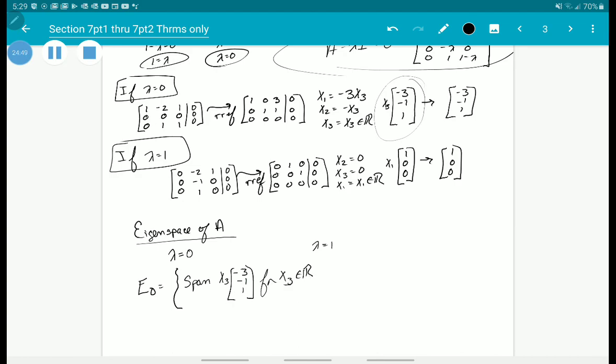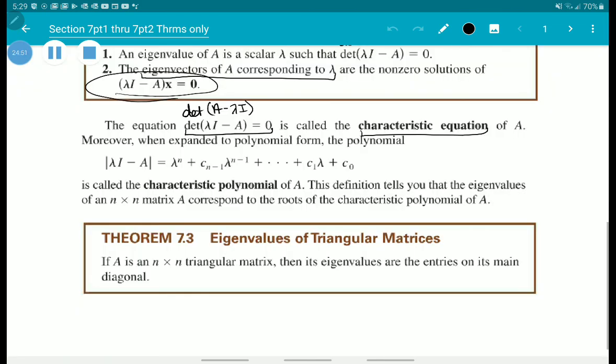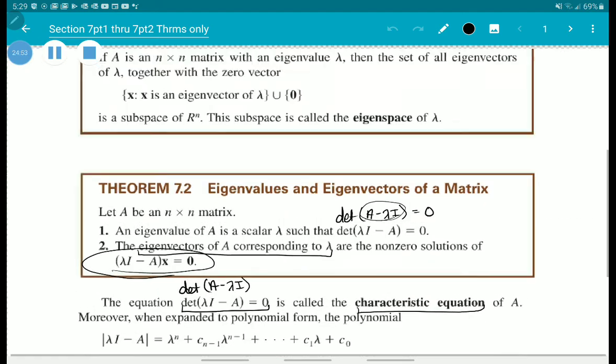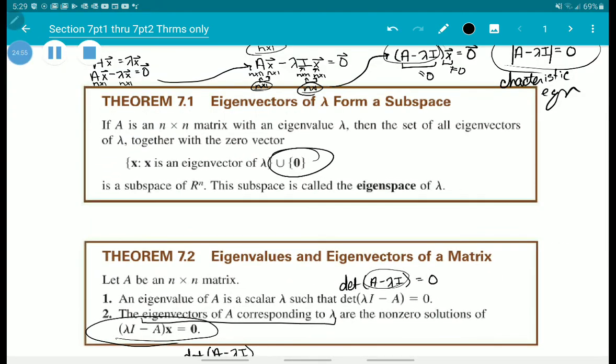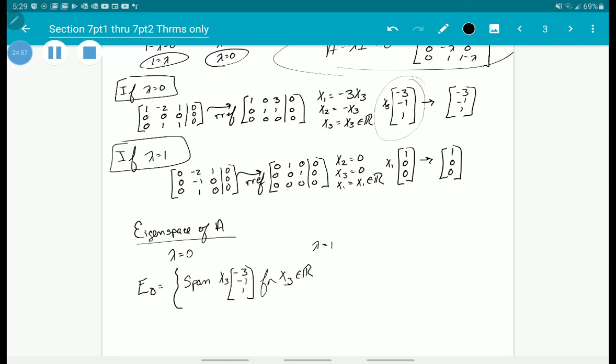So going back to that definition, it takes care of this piece, writing it this way. And then the eigenspace for 1, I'll write it this way, is equal to the span of x1 times the vector 1, 0, 0 for x1 to be any real number.